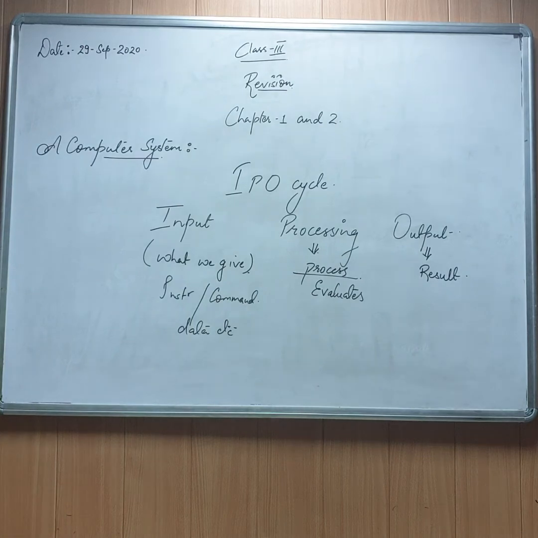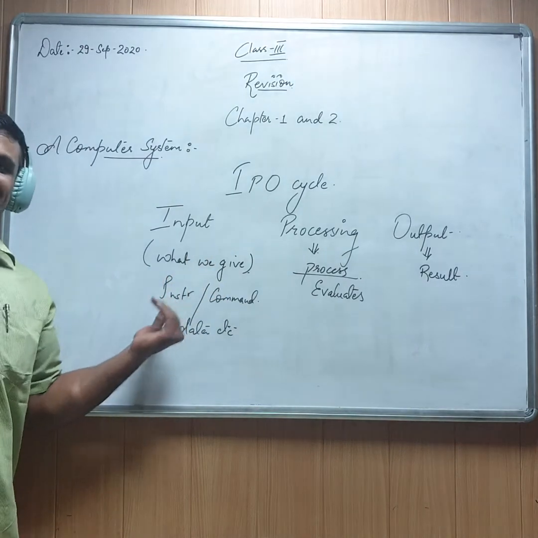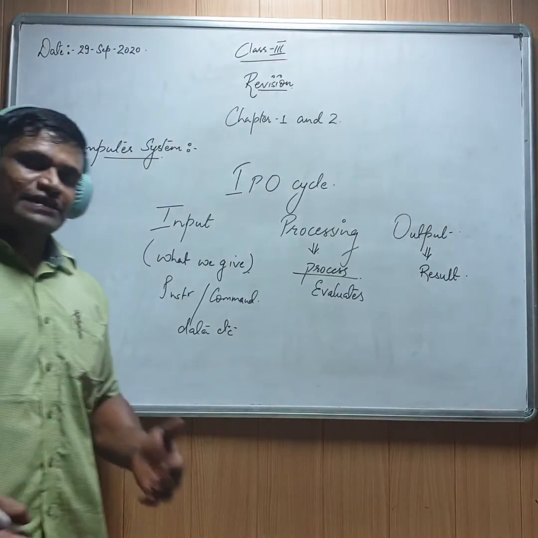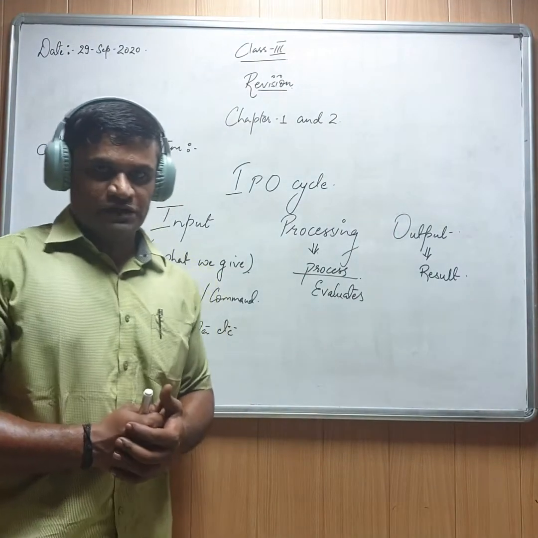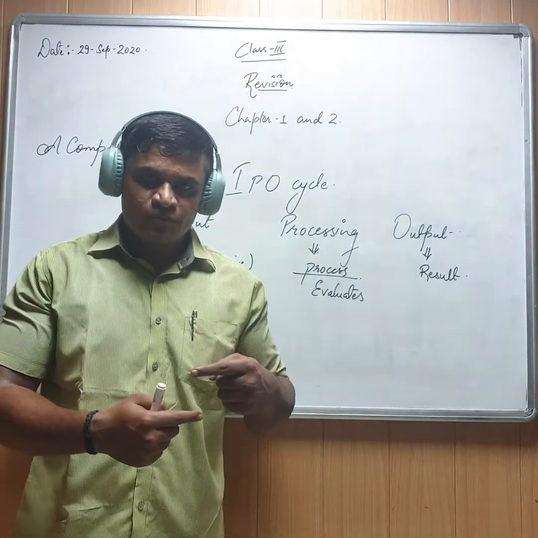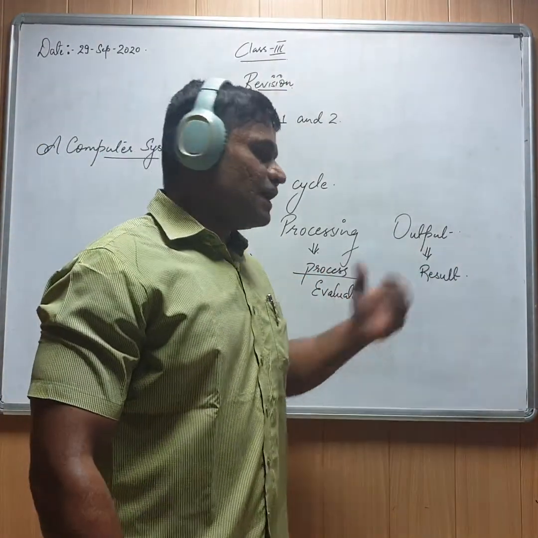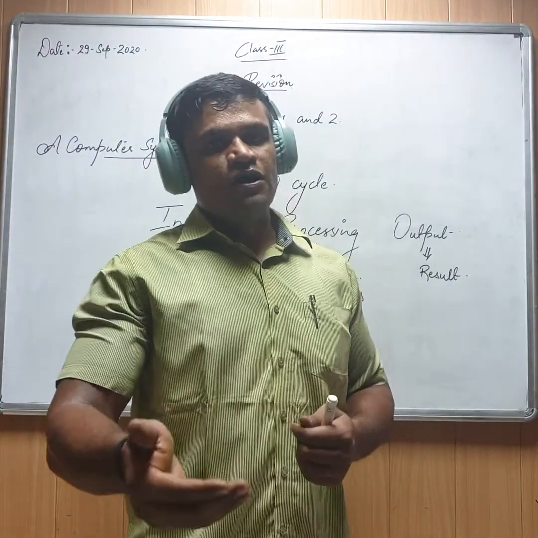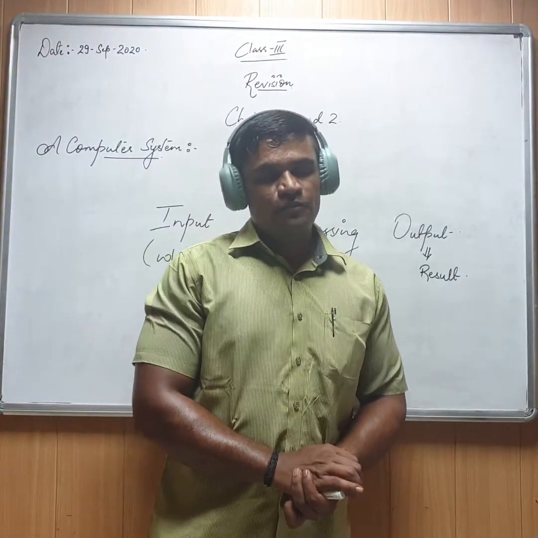So what it does, it takes the command, it takes the instructions from the user, or let's say from me. Right now I am the user. Then it processes, it evaluates, then it produces a result which can be displayed on your desktop or can be taken out as a print from your printer.